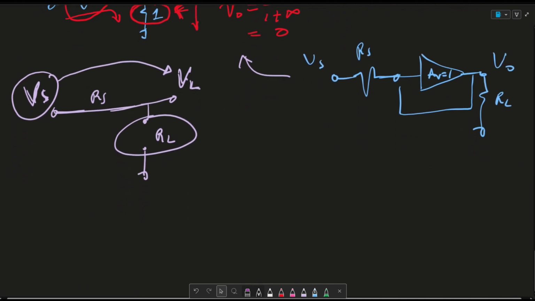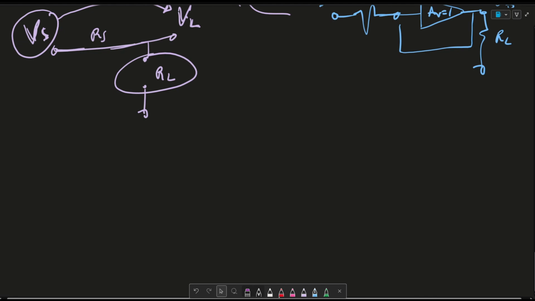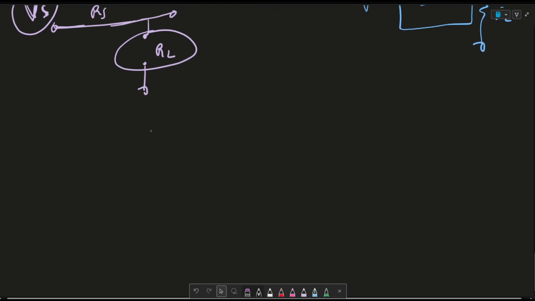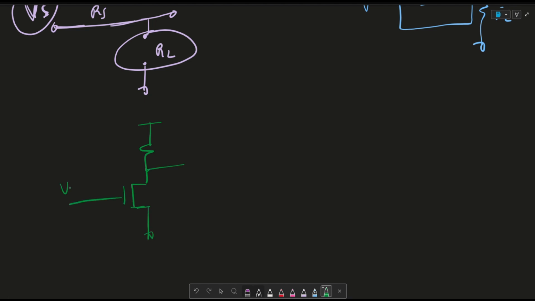Another quick example of when you would use a buffer is, and again, this is a little bit more on a higher level analog analysis course. But if you had an amplifier, right, this is your V in and this is your V out. Your V out over V in, or your AV gain, this is RD, this is VDD, is going to be GM times RD.